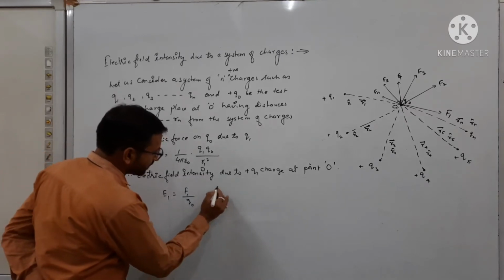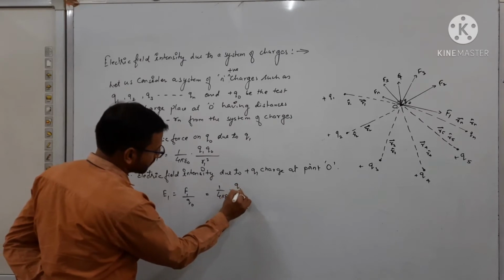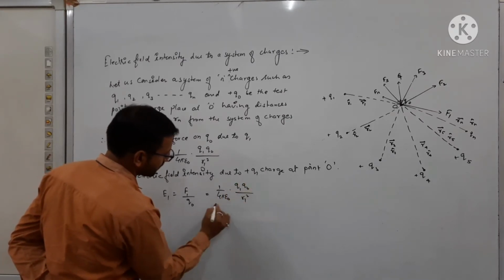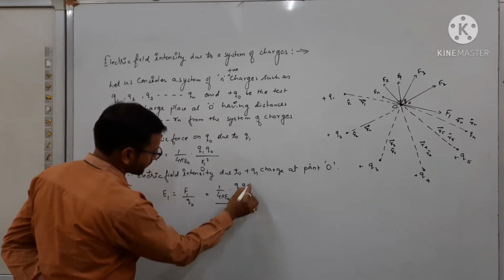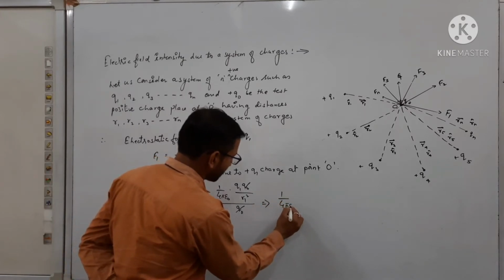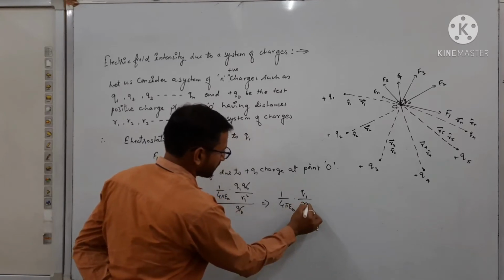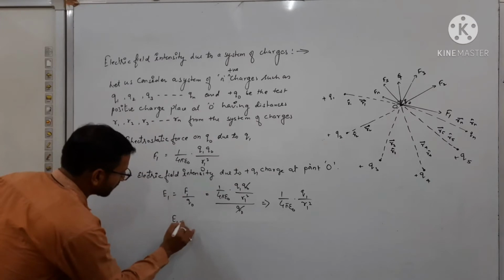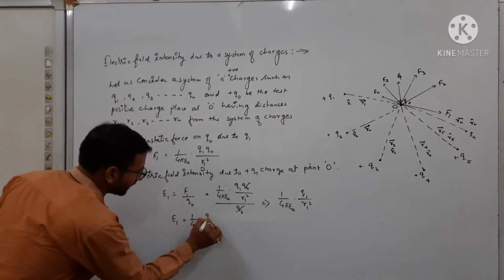So you will get here it is equal to 1 over 4 pi epsilon naught Q1 Q naught over R1 square upon Q naught. Clear? So it will be 1 over 4 pi epsilon naught Q1 by R1 square.